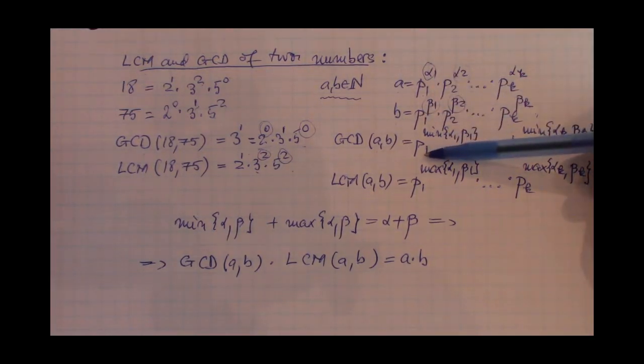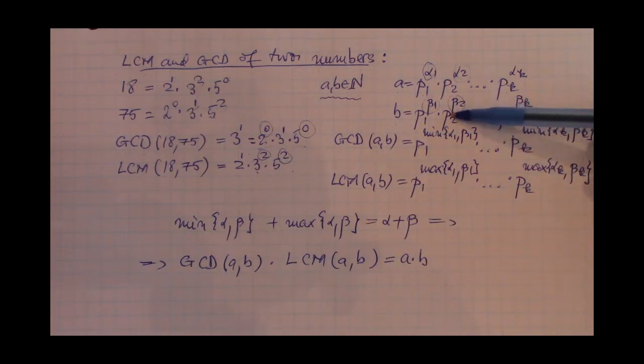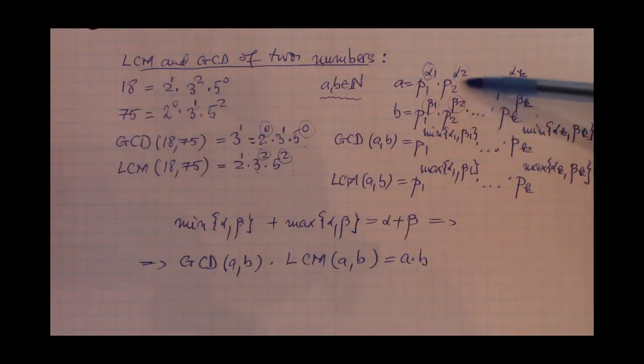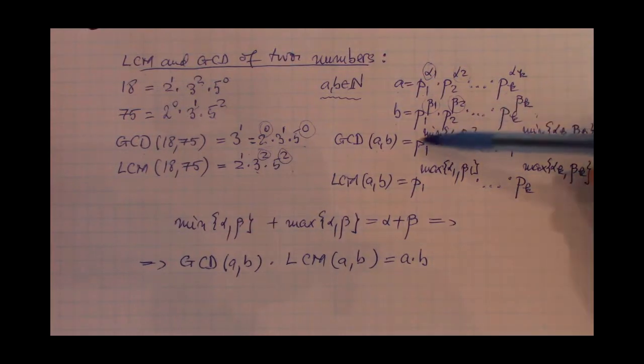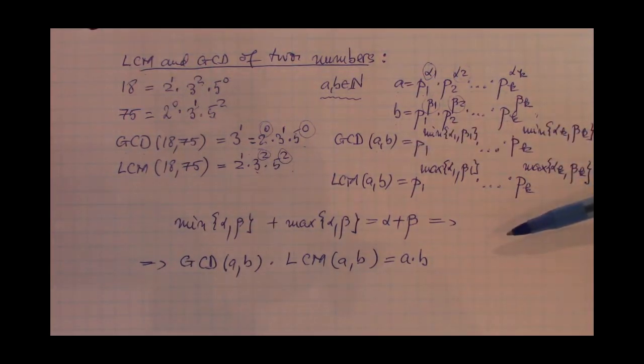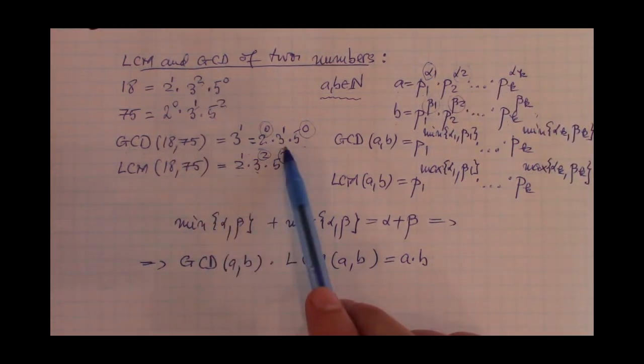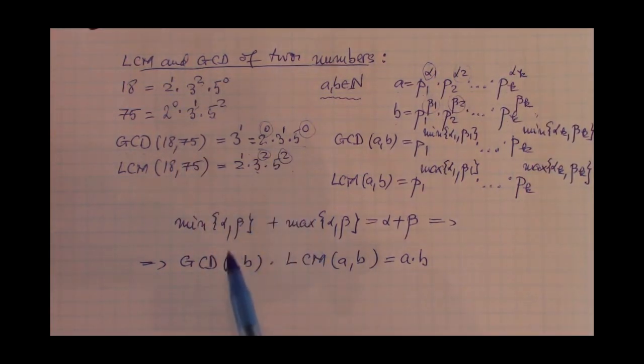So GCD of A and B is P1 to the power of minimum between alpha 1 and beta 1, times P2 to the power of minimum between alpha 2 and beta 2, times and so on all the way Pk to the power of minimum between alpha k and beta k. So this is our GCD, and this is the generic way of writing GCD, just like we did in the case of 18 and 75.